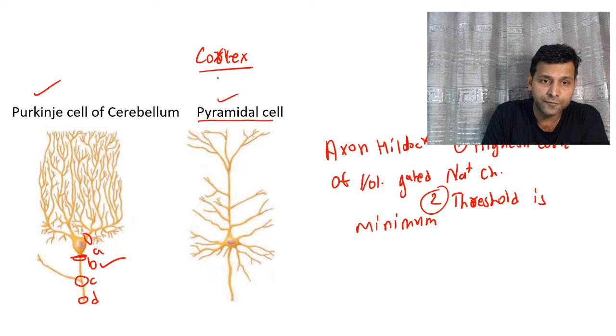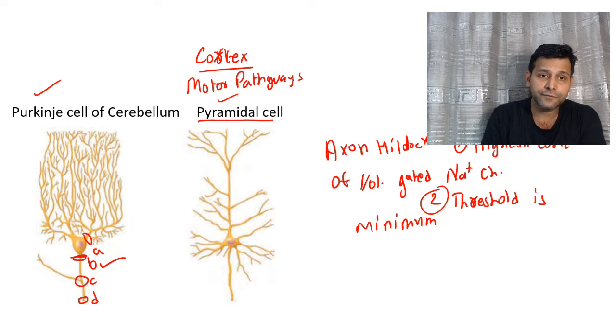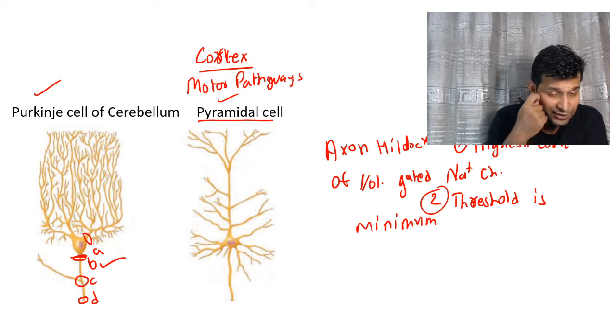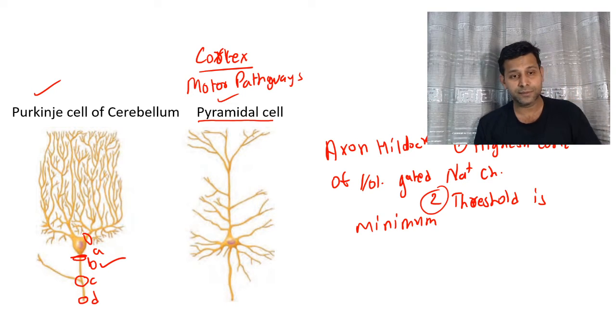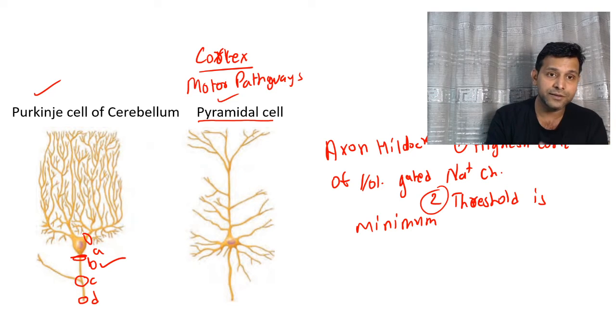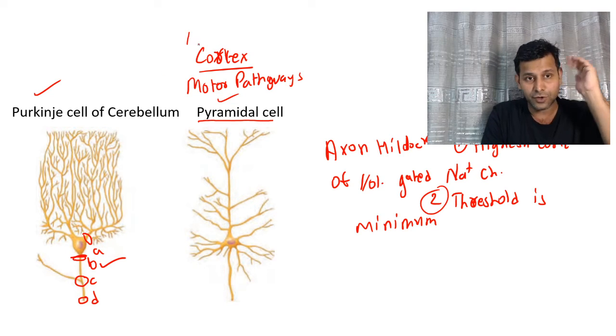and they are responsible for motor pathways or motor system or descending pathways, the corticospinal tract. The motor pathways have giant pyramidal cells, and these cells are present in lamina 5 of the cortical lamellas.